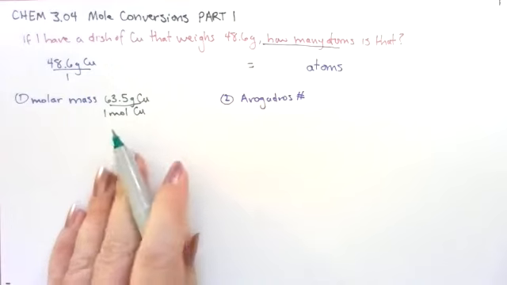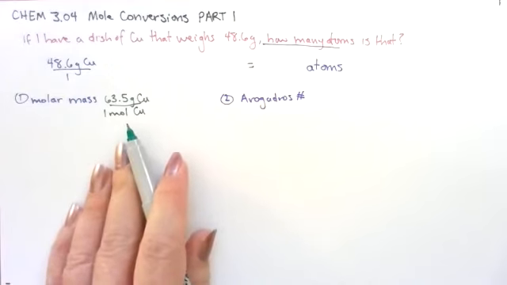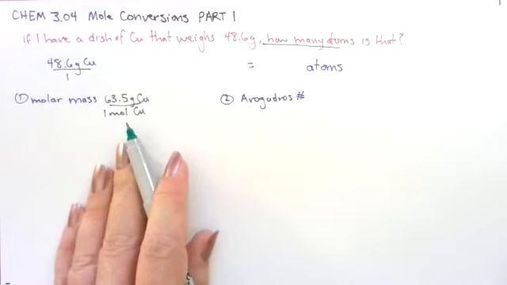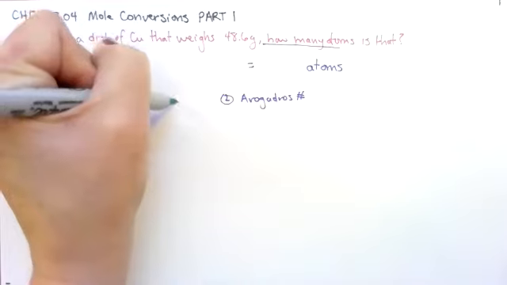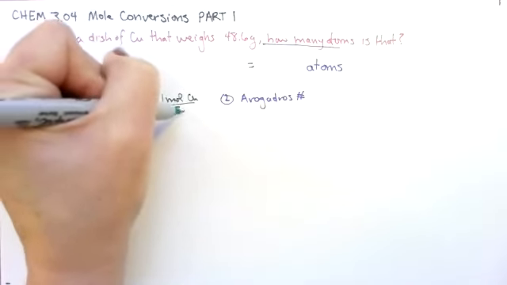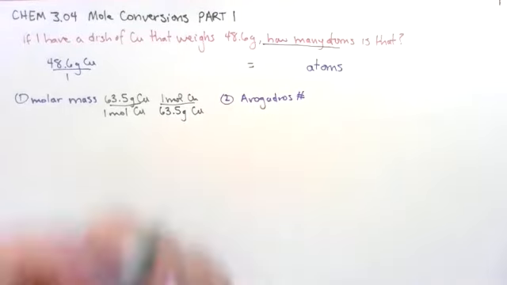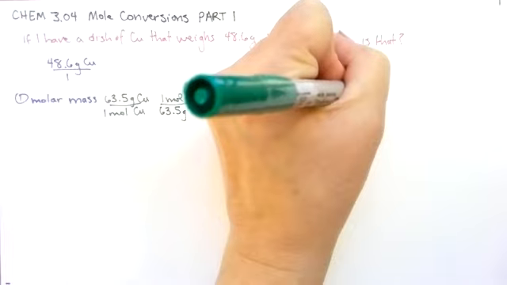I can't emphasize enough how important it is to understand that you have your atomic mass in 1 mole. I'm going to write these flipped just so you remember that conversion factors can be inserted both ways. And then Avogadro's number is always 6.02 times 10 to the 23rd of something.